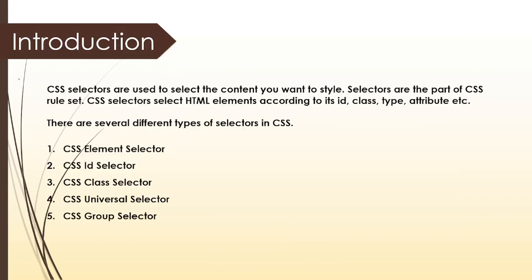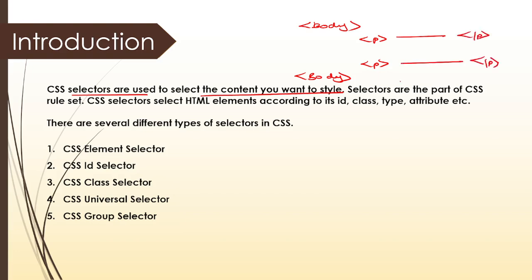As you all know, CSS selectors are used to select the content you want to style. For example, in my HTML page, let's say under the body section, we have two paragraph tags.